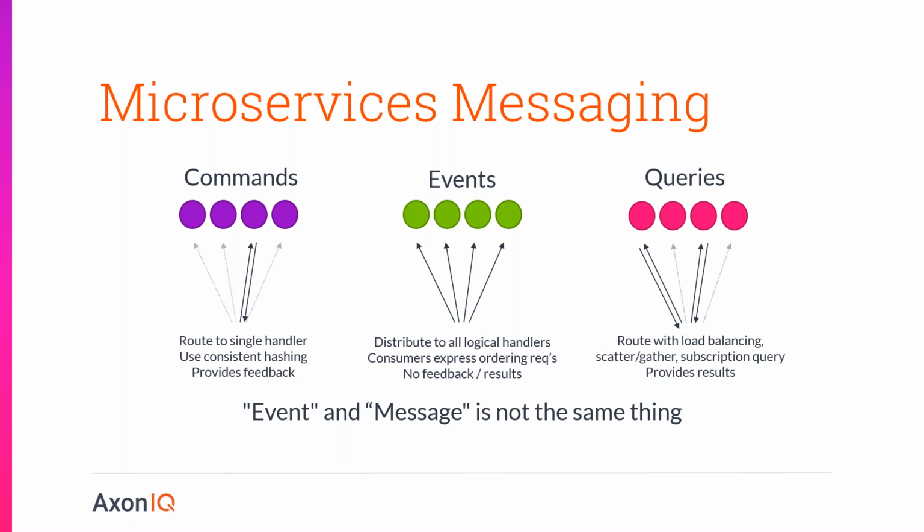Some systems out there allow you to provide ordering requirements, but only as a sender. But what does the sender know about the recipients of the events? Well, nothing. So we believe it should be the consumer of the events who decides how ordering should be guaranteed.